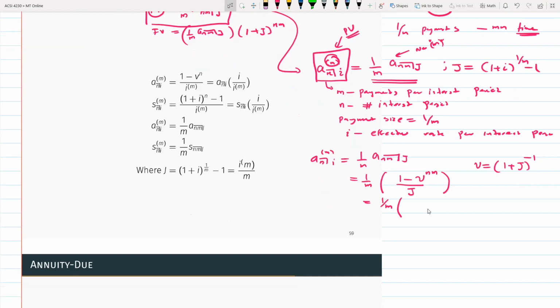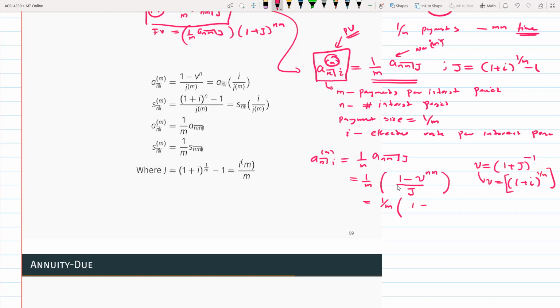So this one I can write as 1 over m. Let me substitute in v. 1 plus j is basically (1 plus i) to the power 1 over m.